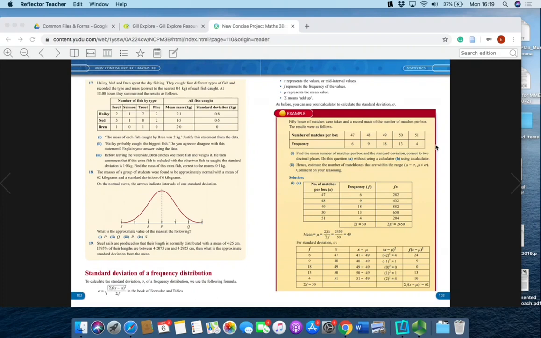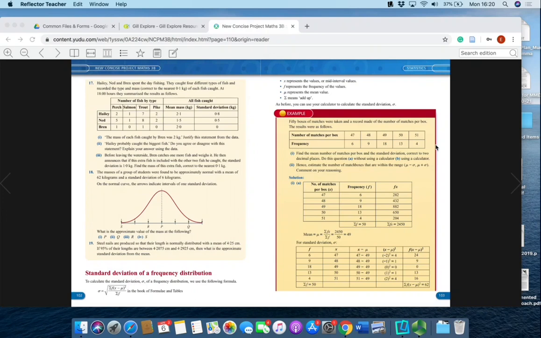Okay, so the question says find the mean number of matches per box, and the standard deviation, correct to 2 decimal places.